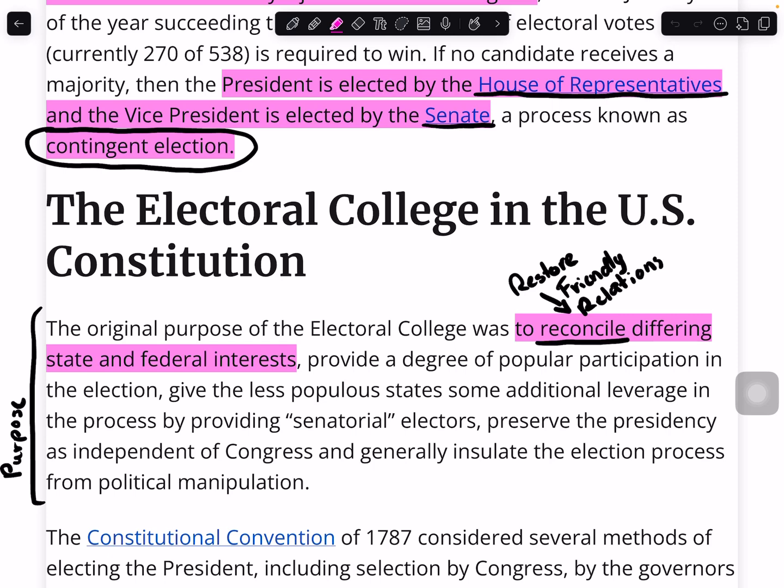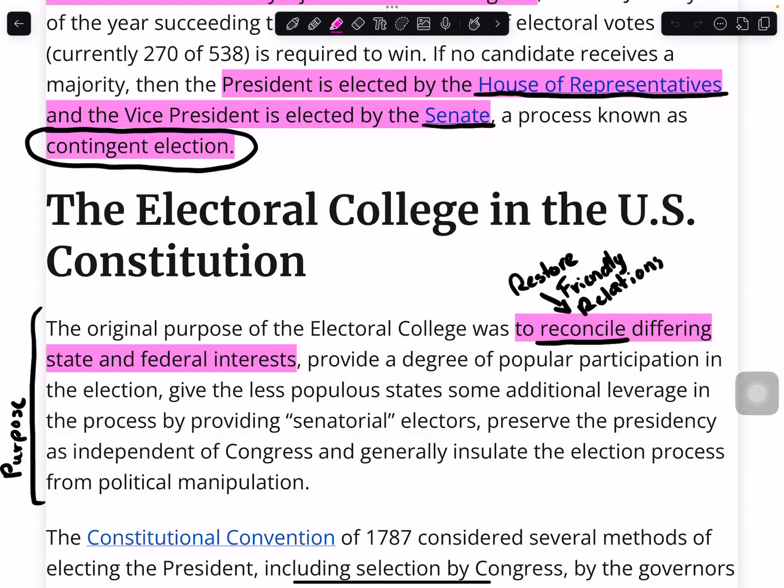Like I stated, the framers are a group of people that played a major role in creating the Constitution. They're often called the founding fathers, and they were part of the Constitutional Convention. The founding fathers thought that letting the people choose the president directly may result in poor choices, motivated more by emotion than by reasoning. So that was a major aspect of why this system was created.